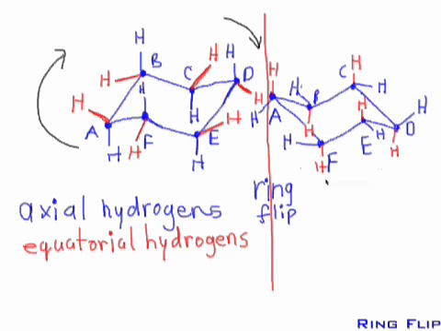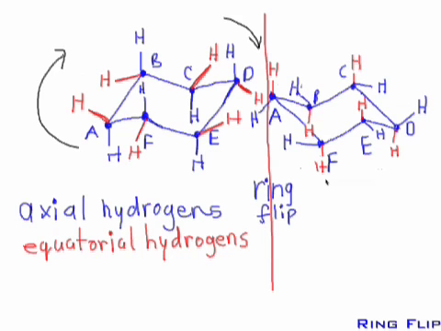Well, I encourage you to take the time to draw this structure out very carefully, so that you can get good at being able to draw cyclohexane rings, because you're going to actually have to draw them and be able to draw the hydrogens properly.